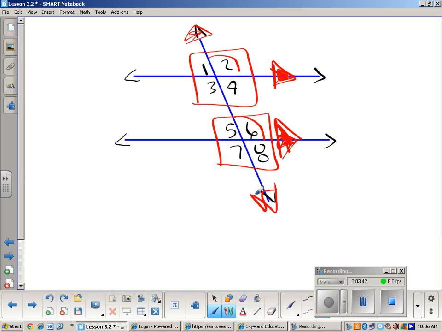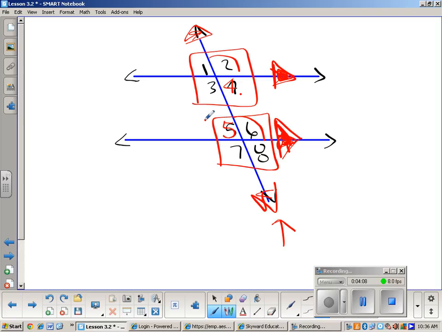Are angle 4 and angle 5 between the two parallel lines? Yes. Are they on opposite sides of the transversal? Yes.